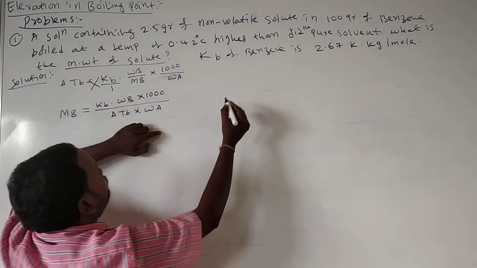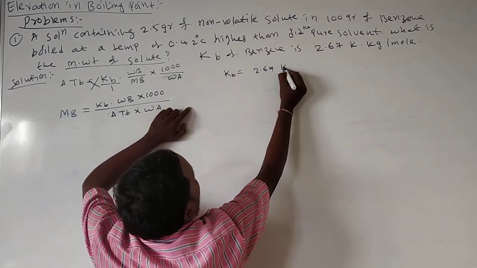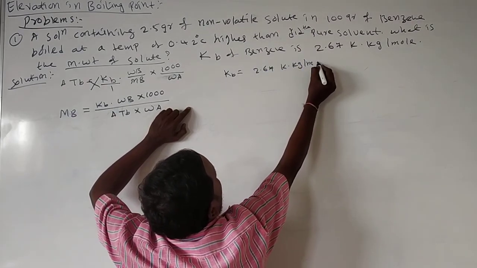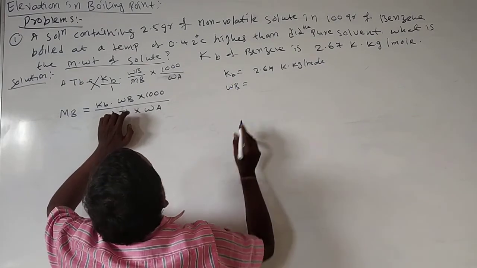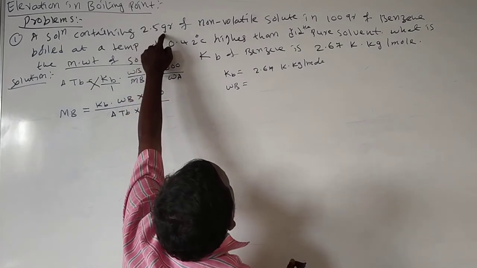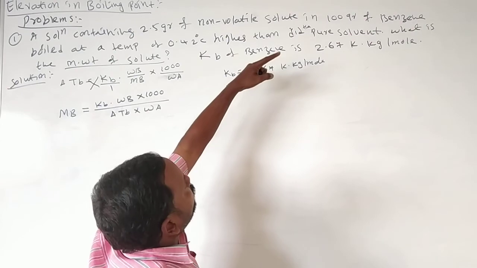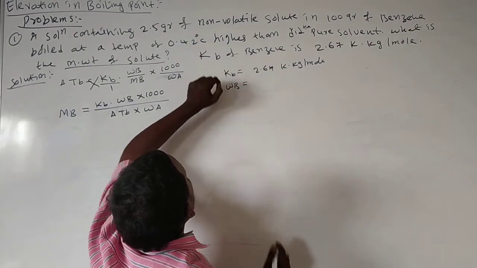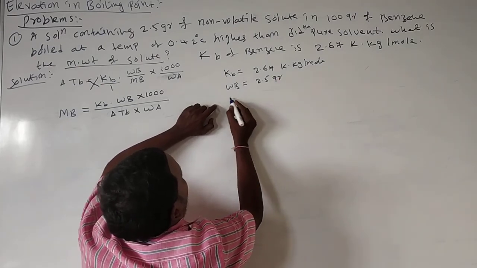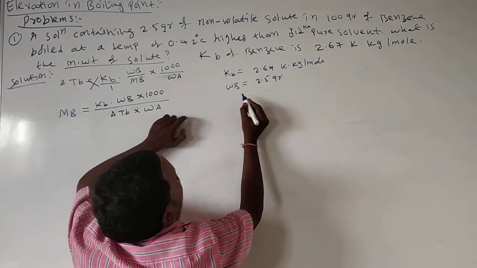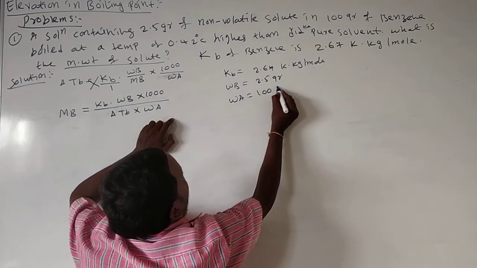Here, Kb is equal to 2.67 Kelvin kg per mole. Wb is the weight of solute, 2.5 grams. Benzene, 100 grams, is the solvent. Next, 1000 as usual, weight of solvent 100 grams.